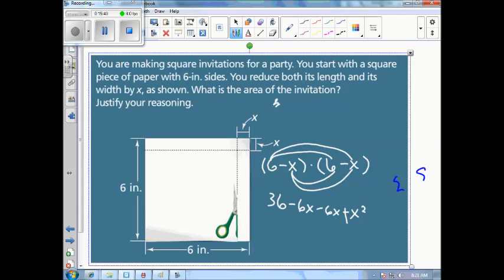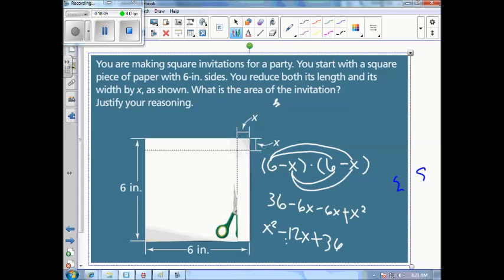So you get x squared minus 12x plus 36. Okay, that's it.